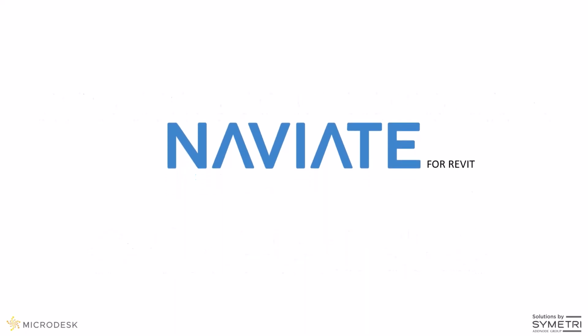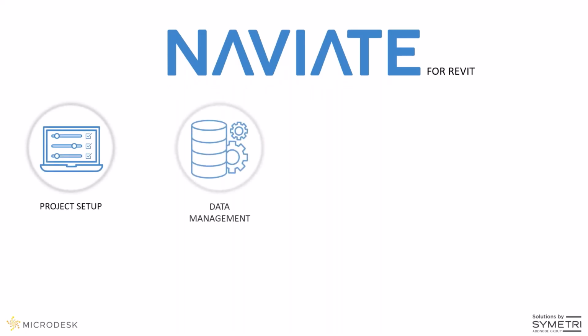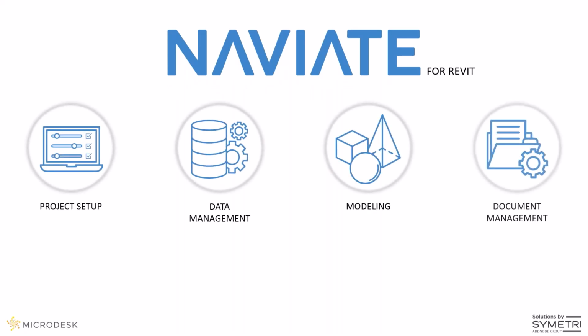So let's talk about what Naviate is trying to solve. We're really looking holistically at the entire BIM project lifecycle within Revit. We have commands and features that are targeting project setup, data management, modeling, and documentation or document management. Within this webinar series, we are having a webinar focused on each of these different parts of the project lifecycle.